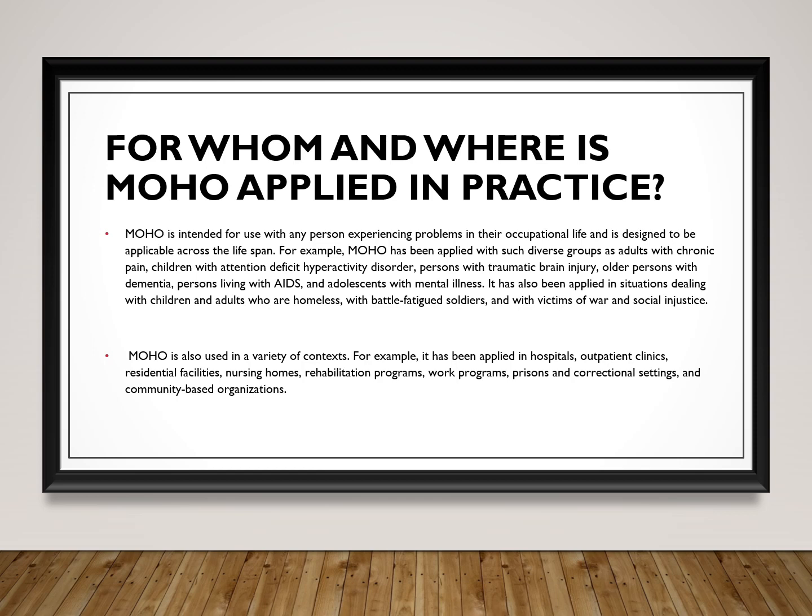For example, it has been applied with such diverse groups as adults with chronic pain, children with attention deficits, persons with traumatic brain injury, older persons with dementia, persons living with AIDS, and adolescents with mental illness. It's also been applied with children and adults who are homeless, with battle-fatigued soldiers, and with victims of war and social injustice.